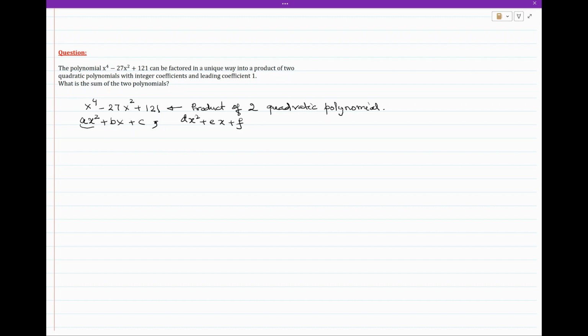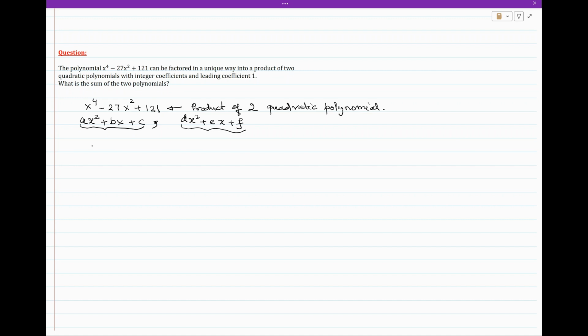Now, this is one quadratic polynomial, this is another quadratic polynomial. If we multiply both of them, we should get the given polynomial of the fourth order.